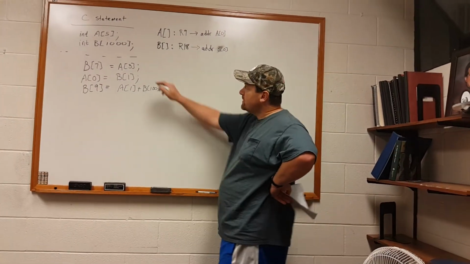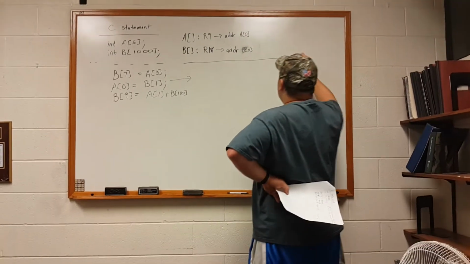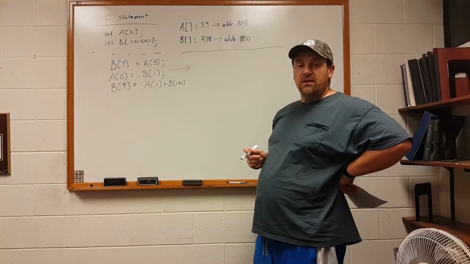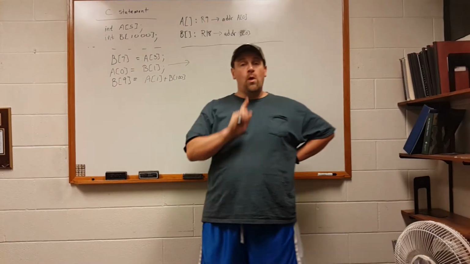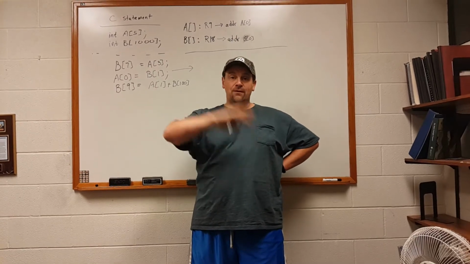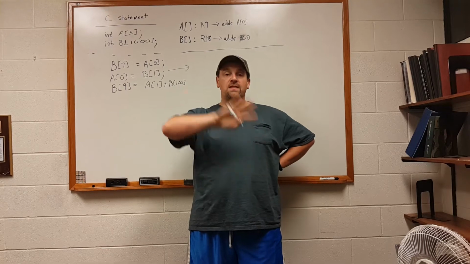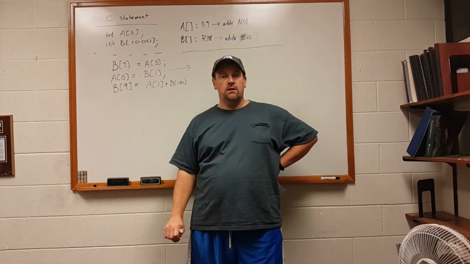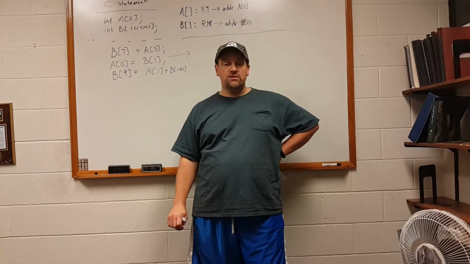All right, so now we need to turn all this into MIPS statements. Now we cannot do this directly. We have one instruction, load word, that reads from memory. We have one instruction, store word, that puts into memory. So we're going to need to use temporary registers.